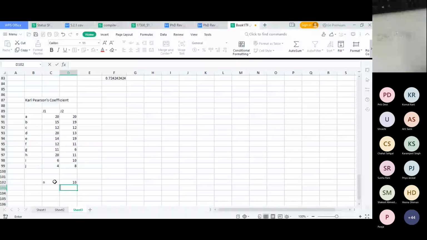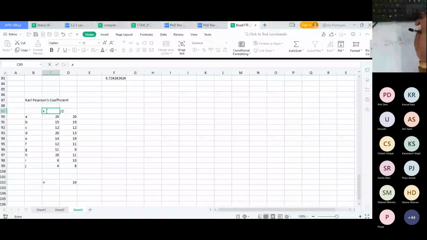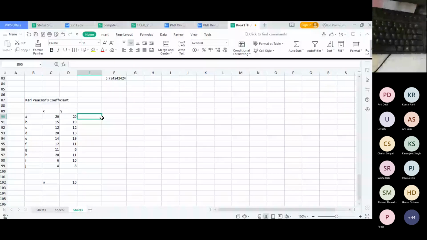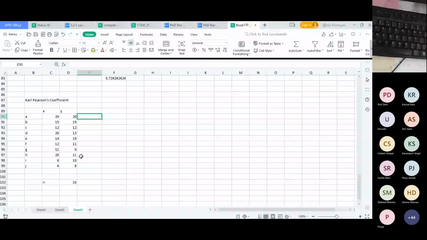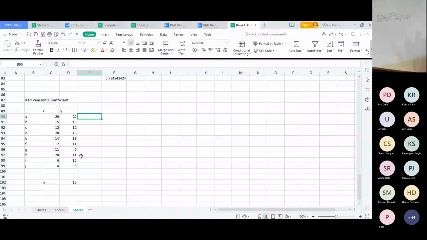Now x is the marks in the first subject and y the marks in the second, like marks in stats and marks in maths. We have two subjects, and we have to check whether there is a relation between them. If a student scores more in maths, does the student also score more in stats? We have to find the correlation between the two.